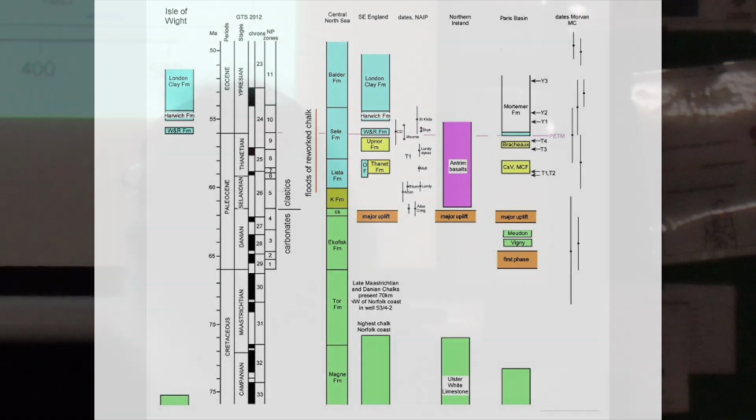And then if you go to the North Sea, Denmark, Netherlands, central southern North Sea, France, Belgium, you have massive floods of chalk, reworked chalk, coming off the uplifted chalky areas into the stratigraphy.